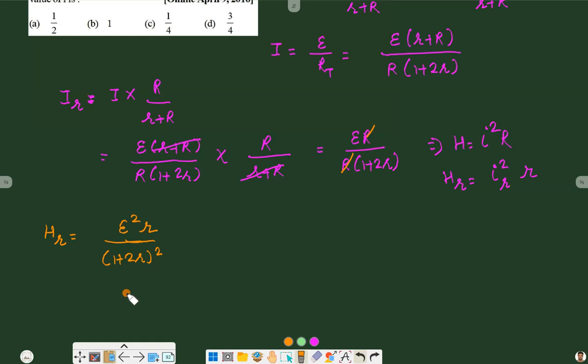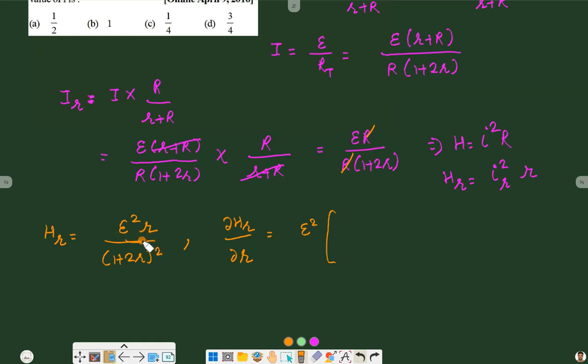Now to maximize this, first we will take the derivative of this, find the value of small r, and then compare that with capital R. As small r is variable here, we take the derivative with respect to small r, so E square will stay constant. We are left with r by 1 plus 2r squared.